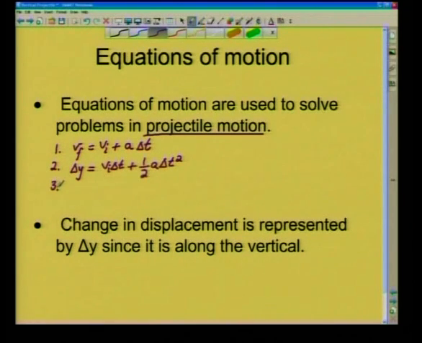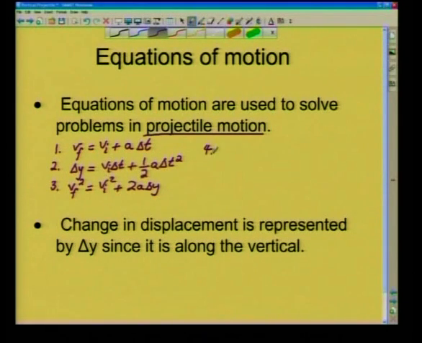I'm saying delta y this time because we're talking vertical, so it won't be delta x. Three, V final squared equals V initial squared plus 2a delta y. Again I'm using delta y, not delta x, because we're talking vertical motion.